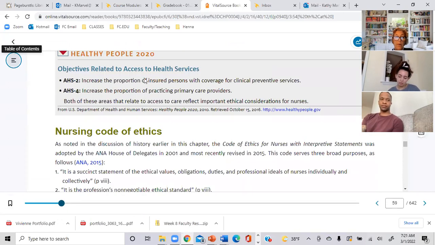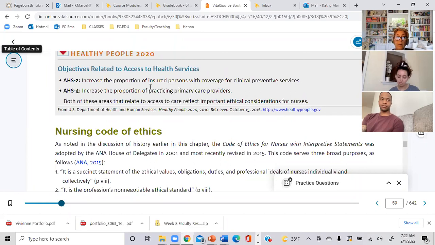And then, of course, we have our Healthy People 2020 objectives, and they're related to access to health services in this particular chapter. And there's only 2 of them. But we need to know those.